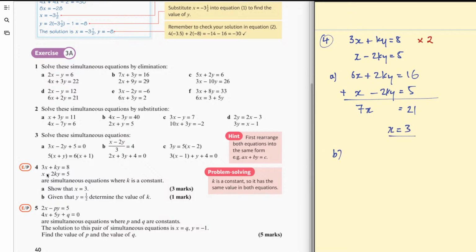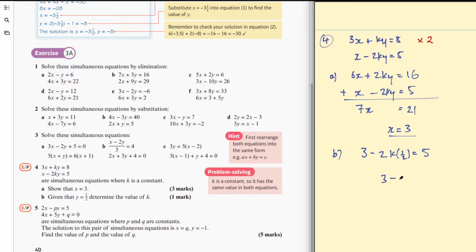Okay, so not that interesting after all. I thought this would be a bit different, but it's pretty similar. B says given that y equals a half, determine the value of k. Okay, so if we use that second equation, we would have 3 take 2k times a half equal to 5.